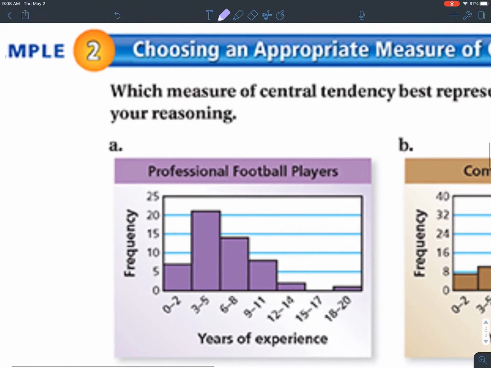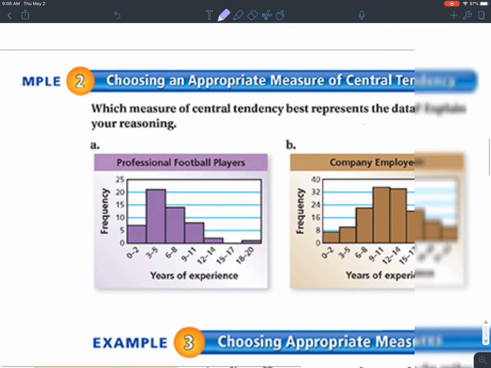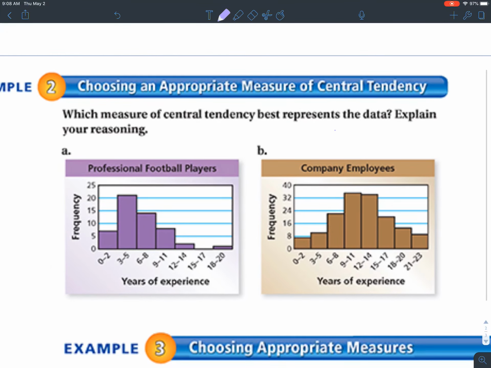Okay. If we look at these two, this one has a long tail on the right, so it's skewed right, which means we want to use the median and the 5-number summary for the distribution or the dispersion.